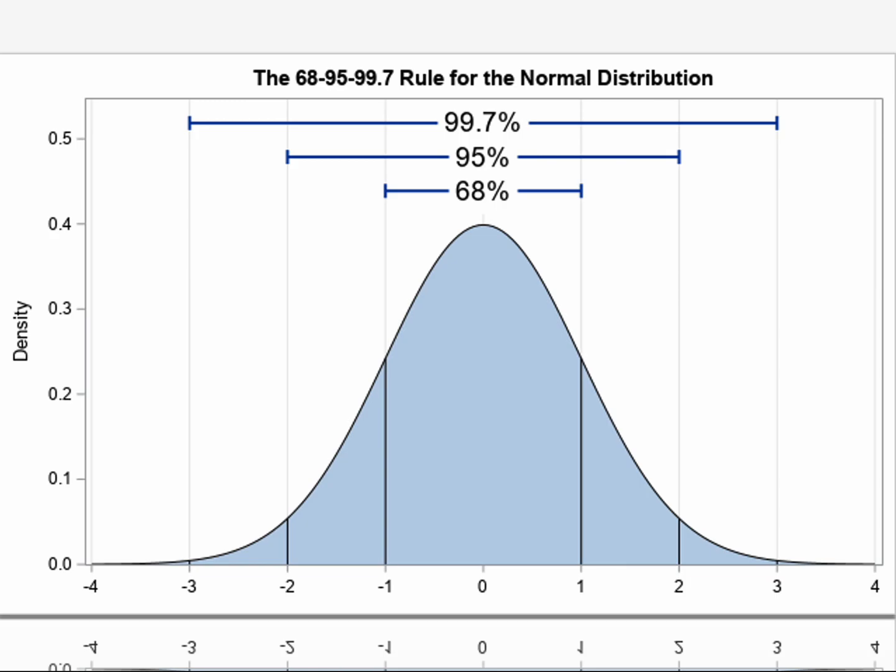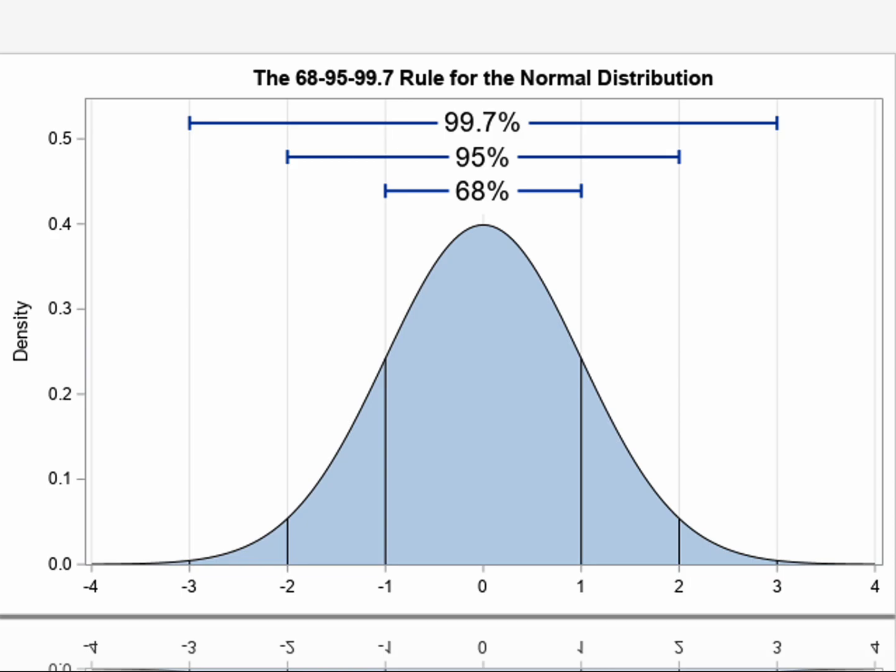And then as you go out away from the mean, let's say the mean's 500, and one standard deviation out, let's say it's 150. So 650 would be one standard deviation above the mean. Okay? 350 would be one standard deviation below the mean.